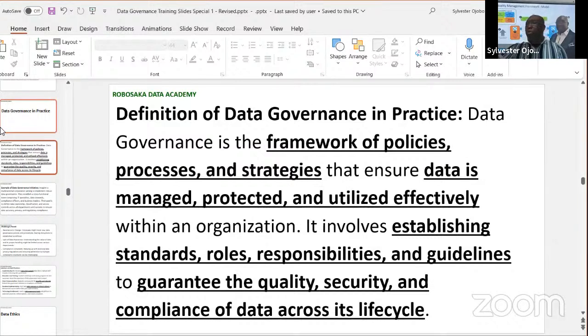Nobody owned the data, there was no trace of a data owner, and there was no framework in place. So what you did was to lead a data governance initiative to create a framework of policies, processes, and strategy, and also focus on having an effective data management and protection system, and utilize the data effectively within the organization. So how did you do it?